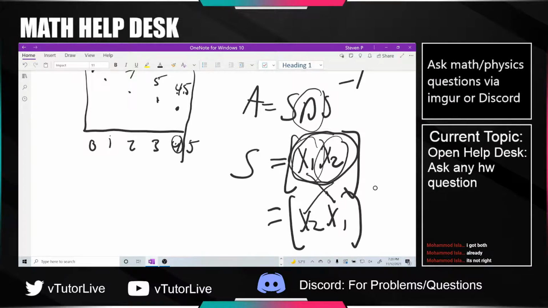Are you sure it's not right, or is this just a computation error? Okay, let's look at the picture. I'm looking at the picture.